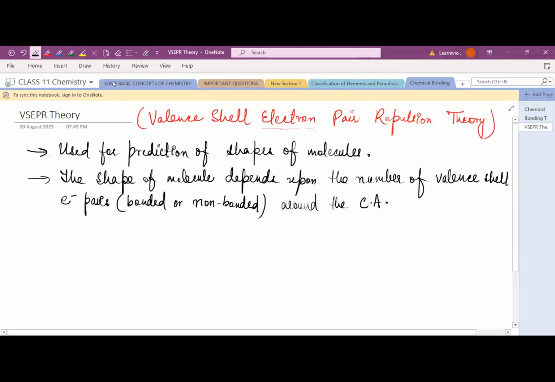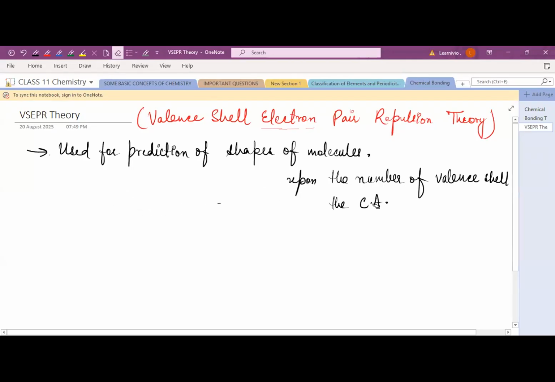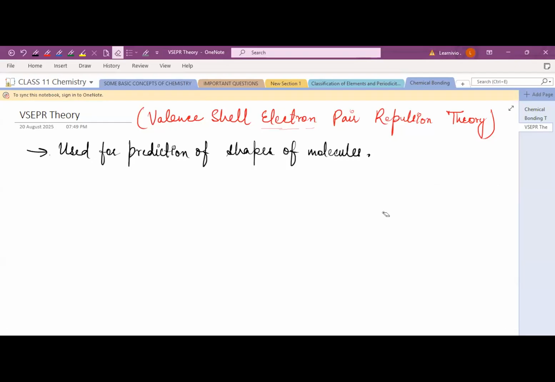Basically, these are your assumptions. Just a second, don't write down the second point. We will write down these points in the postulates. Sometimes in the exams, a direct question can come: write down the postulates of VSEPR theory. We will discuss that. Now, first write down one thing.